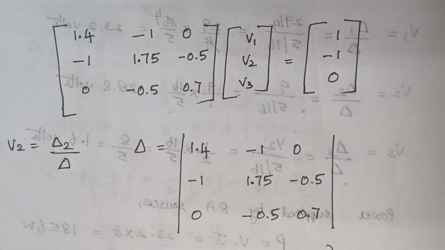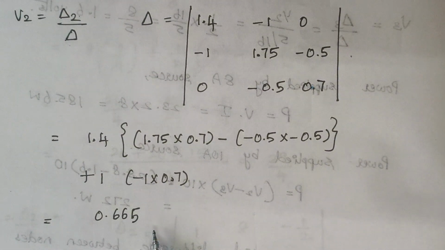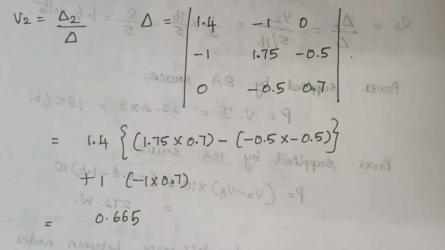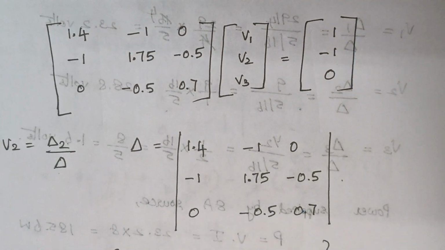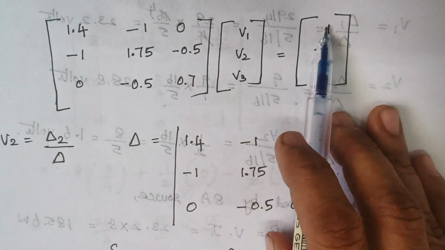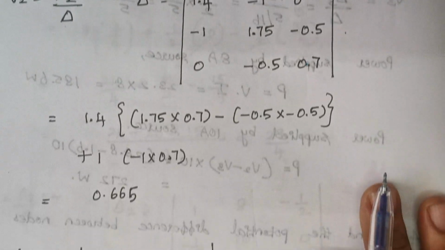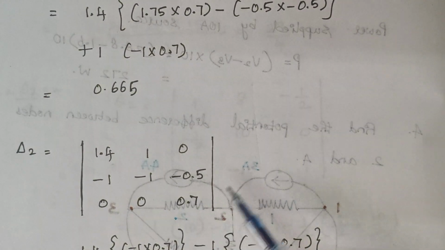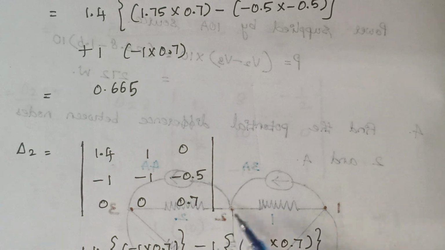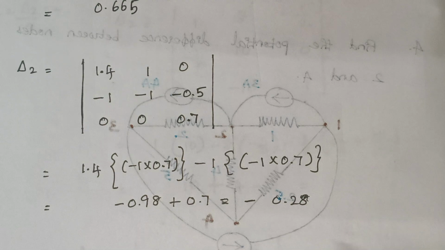Right, so therefore here the value is 0.665. Right. And the next thing is del 2. So how to calculate del 2? Here you have to replace this second column element by this source element. Right. So when you replace here, we are getting a matrix like this. Again, when you take the determinant value, here the value of del 2 is minus 0.28.